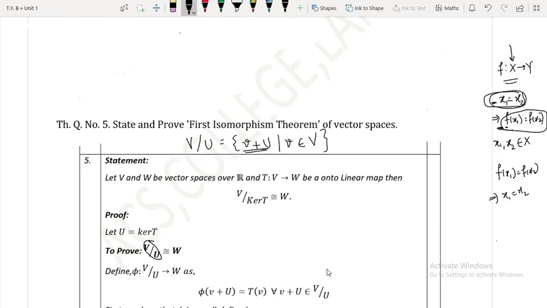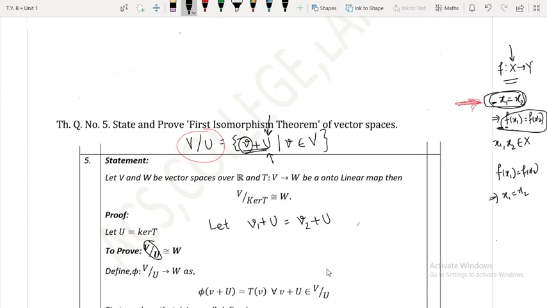Remember, U is fixed, since it is a coset of U in V. So this v is the variable over here. So let v1 plus U be equal to v2 plus U. So I have taken the elements to be the same, where this v1 plus U and v2 plus U are naturally from V mod U.